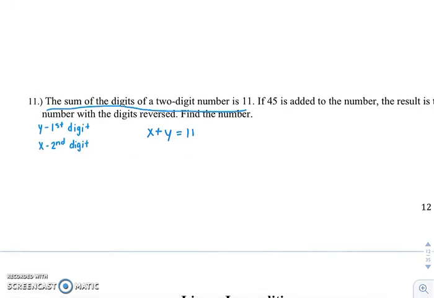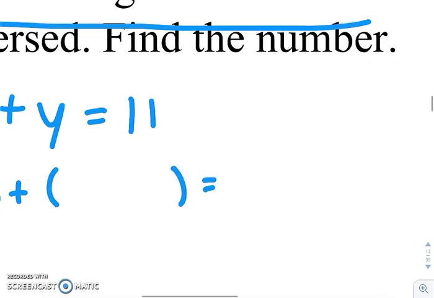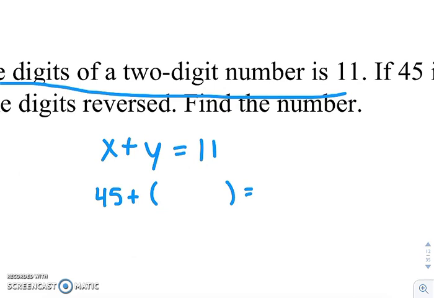It says if 45 is added to the number, the result equals the number with the digits reversed. Here's the thing. If your number is 21, your digits are 2 and 1, you have to designate one of those digits as being in the tens place.